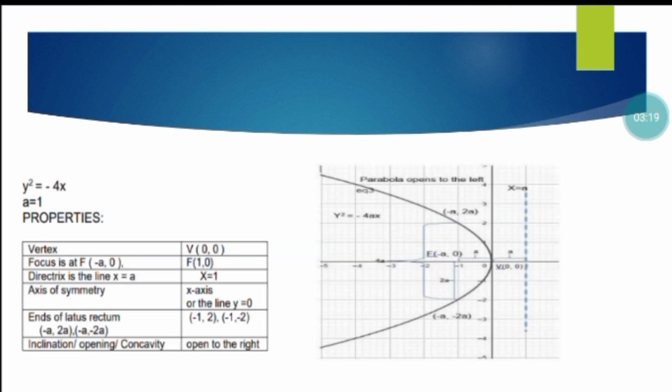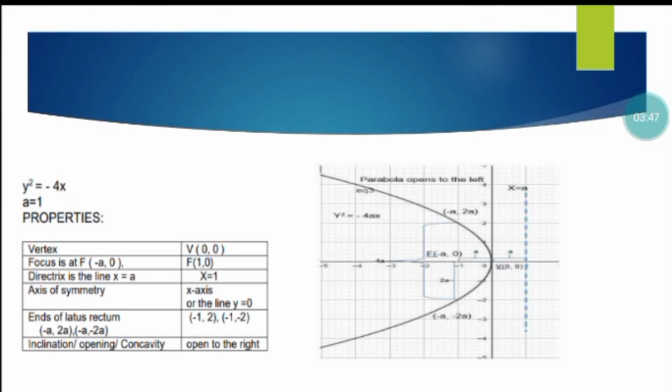In the previous image, it opens to the right, and this one opens to the left, so these are the opposite properties. We have vertex (0, 0), the focus at (negative 1, 0), directrix x equals 1, and axis of symmetry 0.